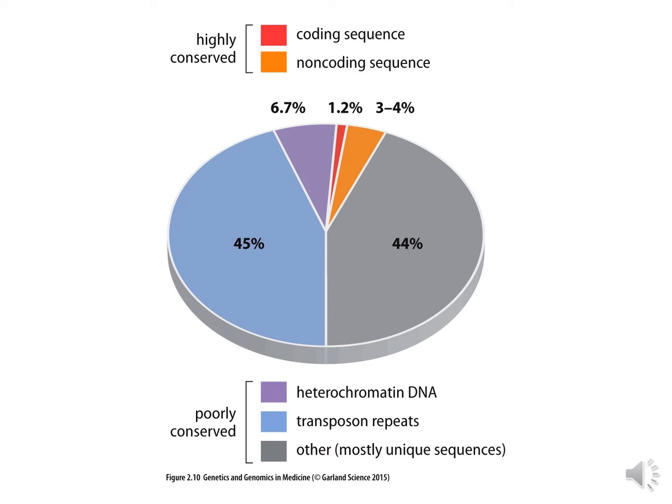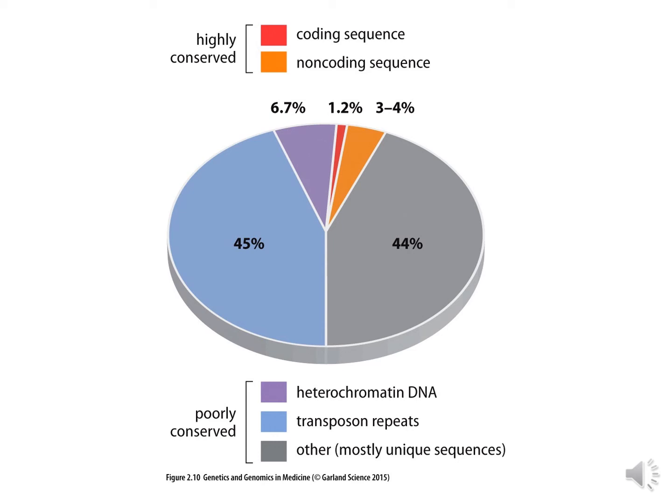Some of this conserved sequence is present in multiple copies and includes different types of repeated genes or gene families. The 6.7% of our genome that is located in constitutive heterochromatin is very largely made up of poorly conserved repetitive DNA sequences that include sequences responsible for centromere function.